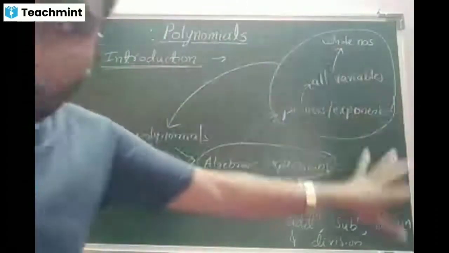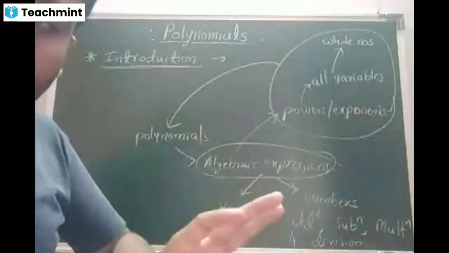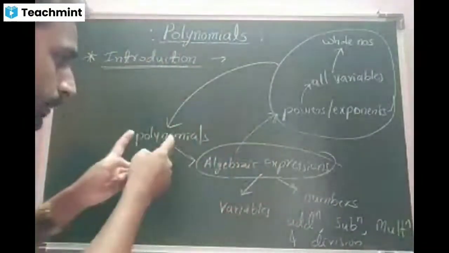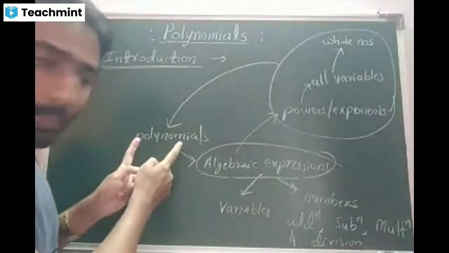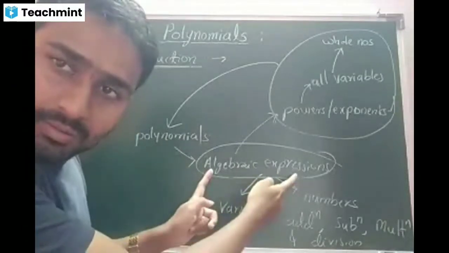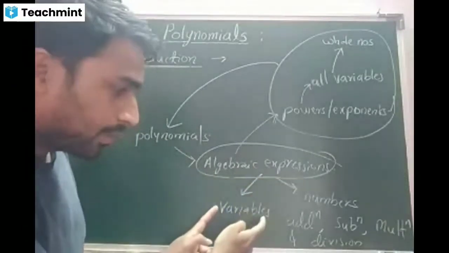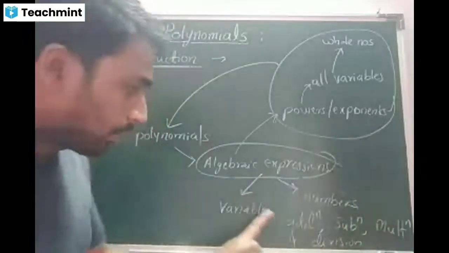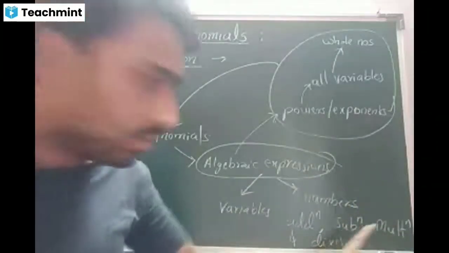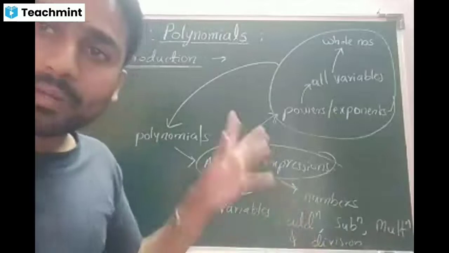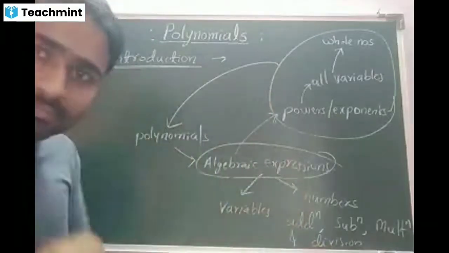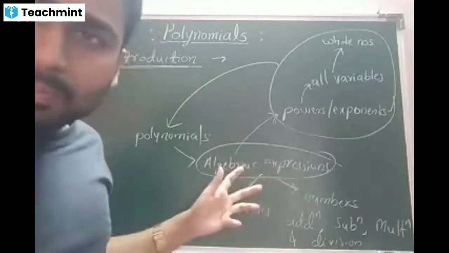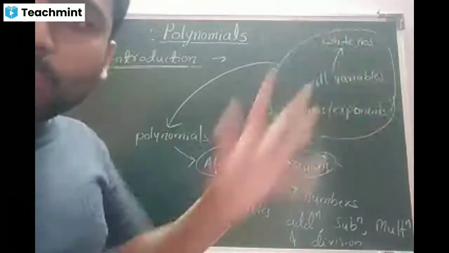Whatever I'm showing on the board here will give you the complete concept of polynomial. What I said, beta, polynomials are basically algebraic expressions. These are nothing but the combination of variables and numbers associated with fundamental operations, maybe addition, subtraction, multiplication, or division. Now, all the algebraic expressions will not be called polynomials.